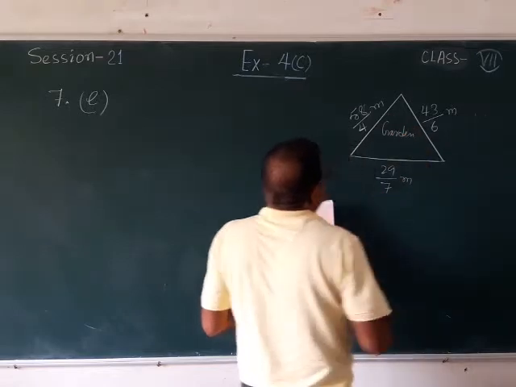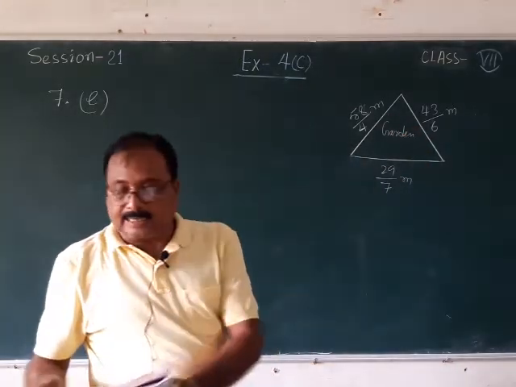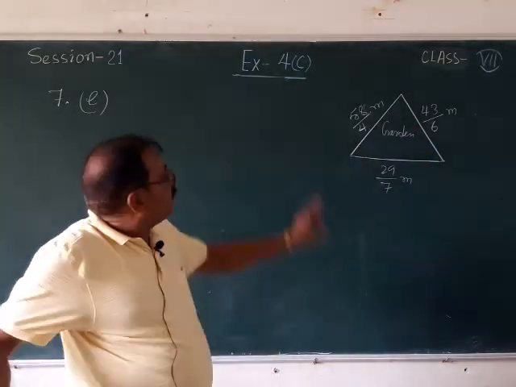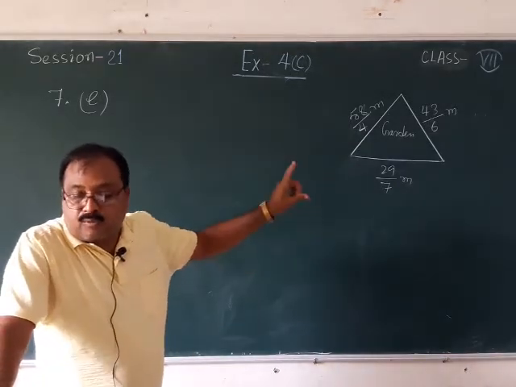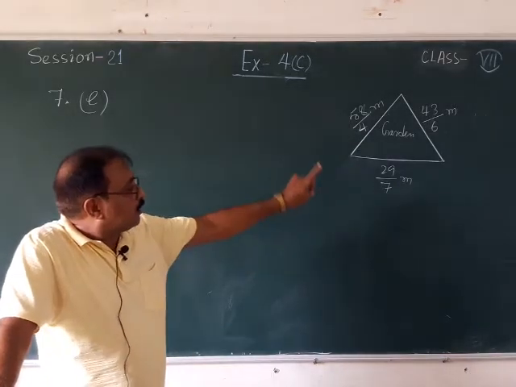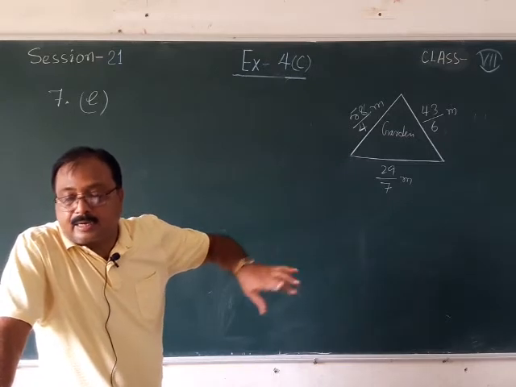So in the garden, the lengths of three sides are given: 58 upon 4 meter, 43 upon 6 meter, then 29 upon 7 meter.